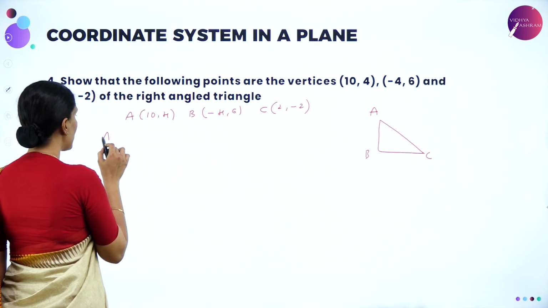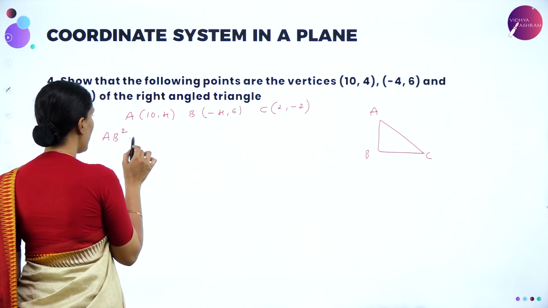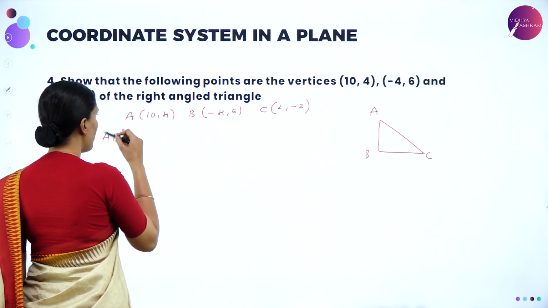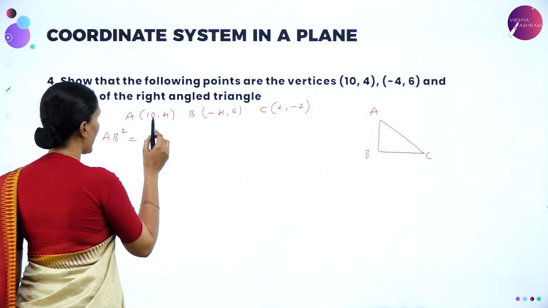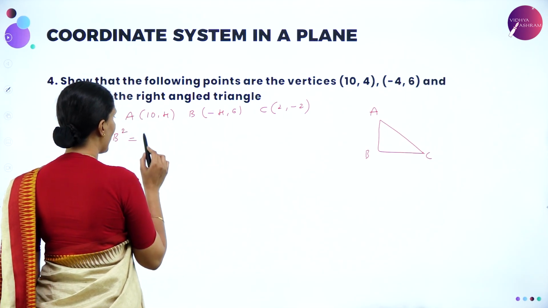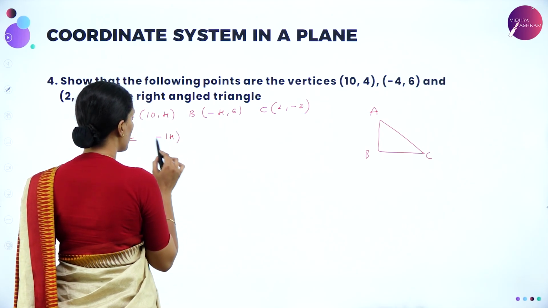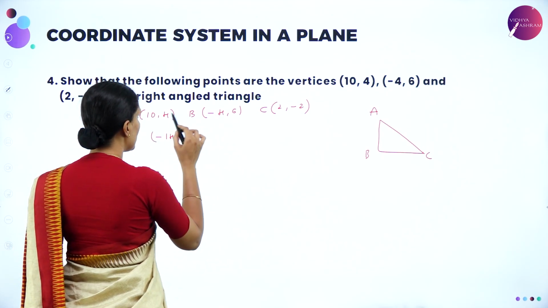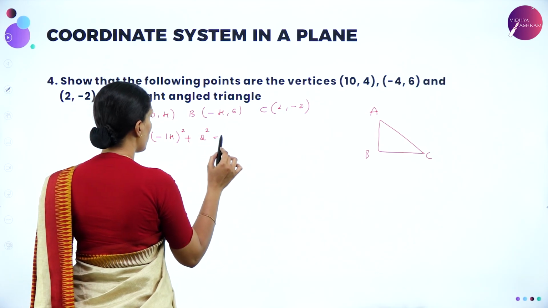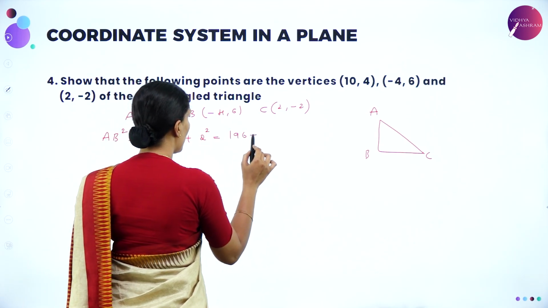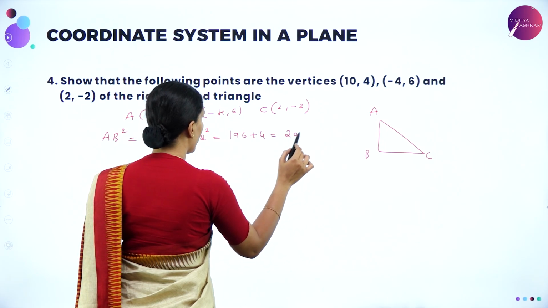Now AB square, without the square root, we can write as (minus 4 minus 10) whole square, which is minus 14 whole square, plus (6 minus 4), which is 2 square. So it is 196 plus 4, equal to 200.